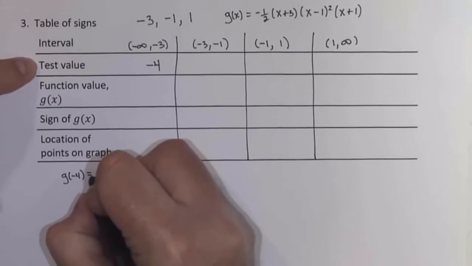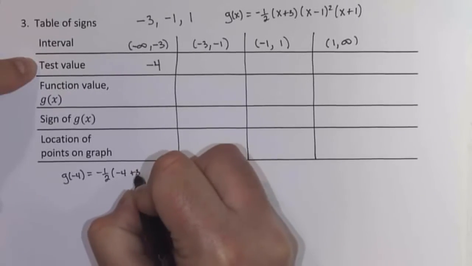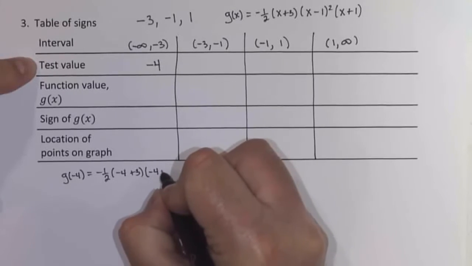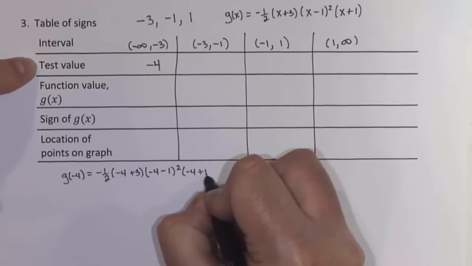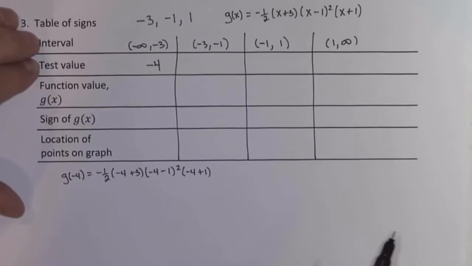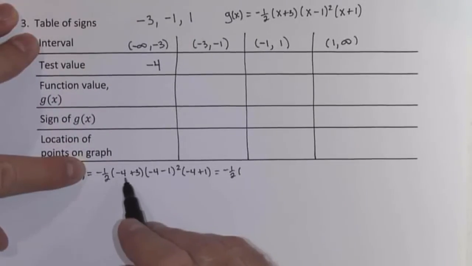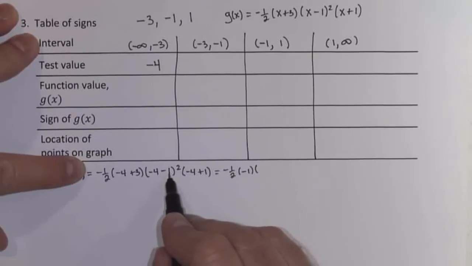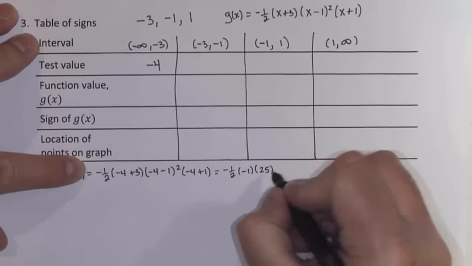G of -4 is going to be -1/2 times -4 plus 3, substituting -4 in for x, times -4 minus 1 squared times -4 plus 1. So that's going to give us -1/2 times -4 plus 3, which is -1. -4 minus 1 would be -5, squared would be +25.